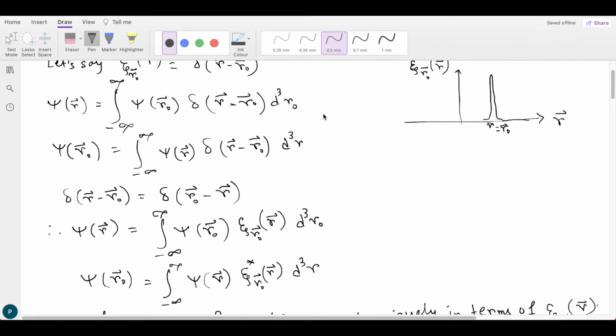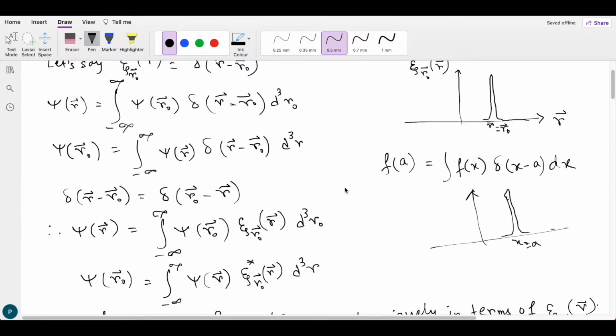We know from the property of the Dirac delta function that it picks the value of the function where the spike is present, that is, if we write f of a equals the integral of f of x delta of x minus a dx, here the spike is at x equals a.